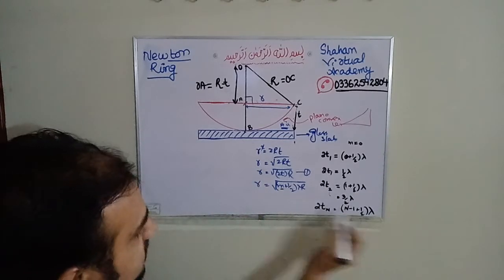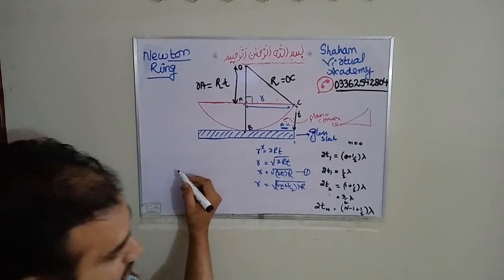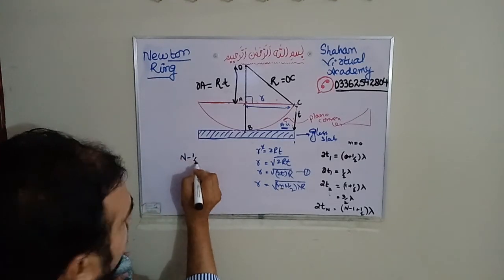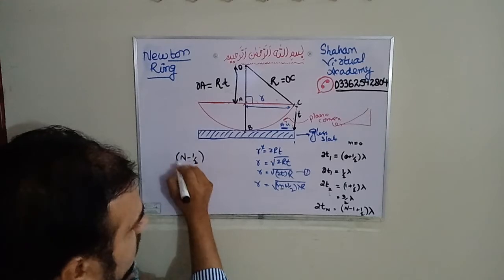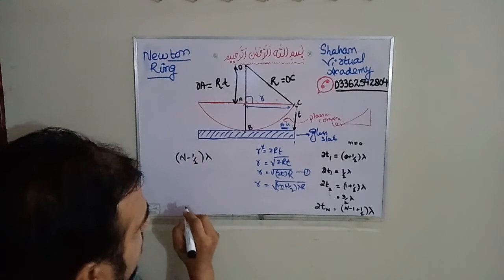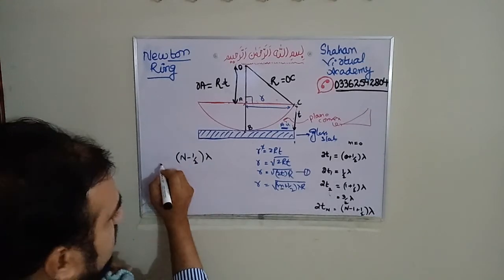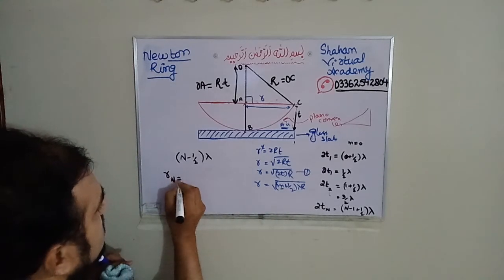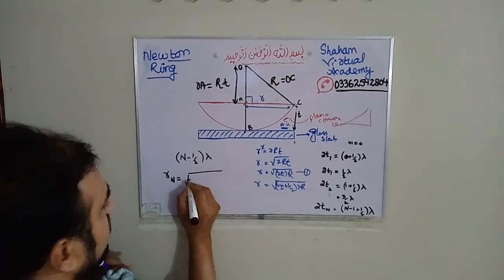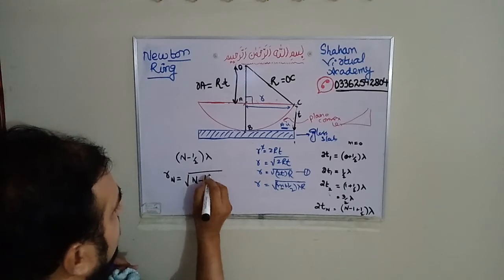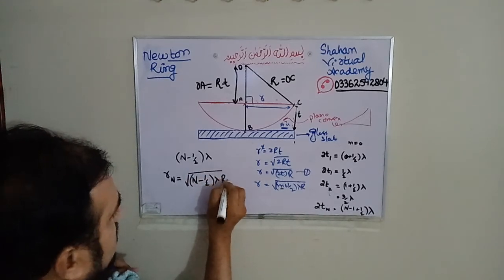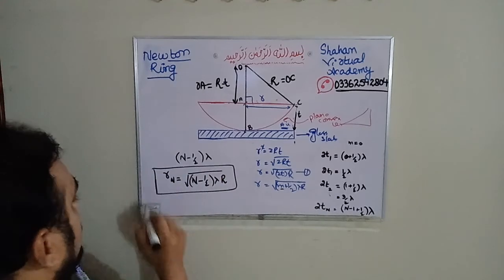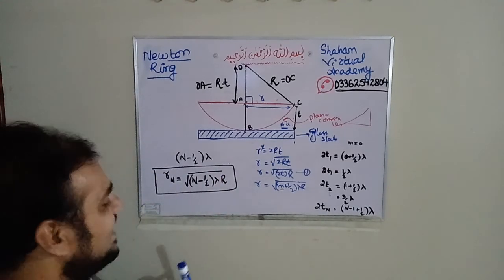What is n minus 1 plus half? It will become n minus half, times r, which is our nth radius. So when we talk about the nth radius, we put the value n minus half, times r. This is the radius of the Newton's ring for the nth ring.